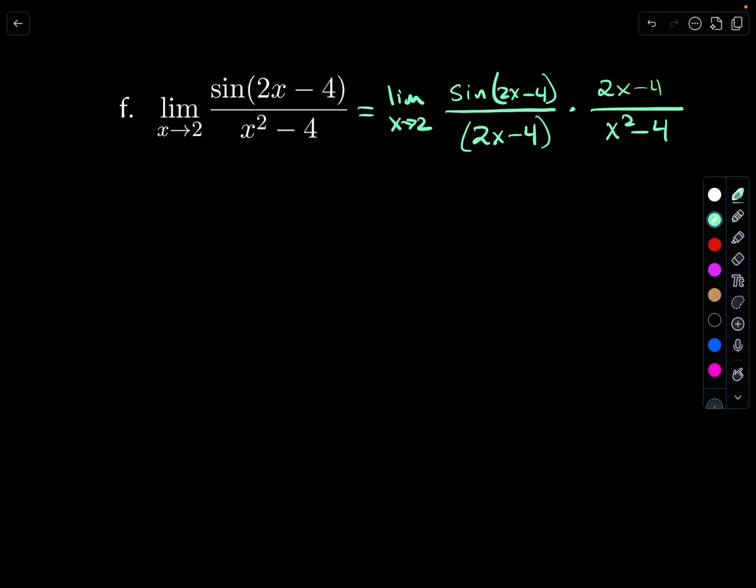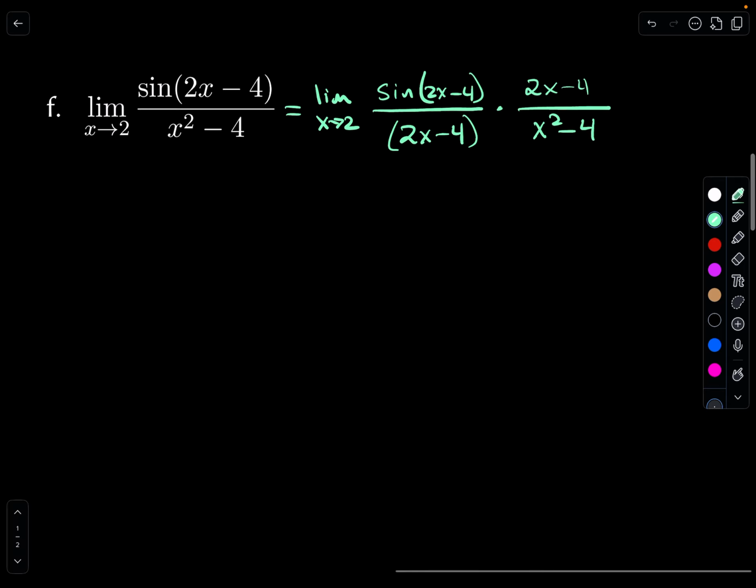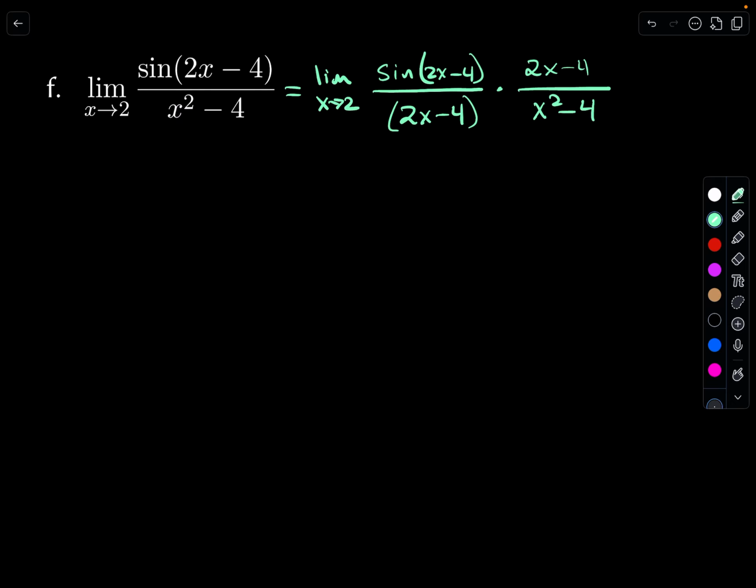I can deal with the sine of 2x minus 4 over 2x minus 4. Since 2x minus 4, as x goes to 2, that expression, the limit is 0. So we'll formalize that in a minute, but I'm worried about this thing on the right because if I plug 2 into that, I get 0 over 0, so we need to do a little bit more algebra over there. And you know the drill, we're going to do some factoring.